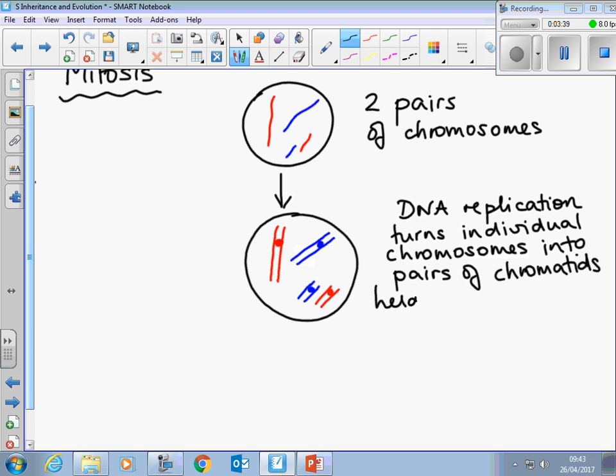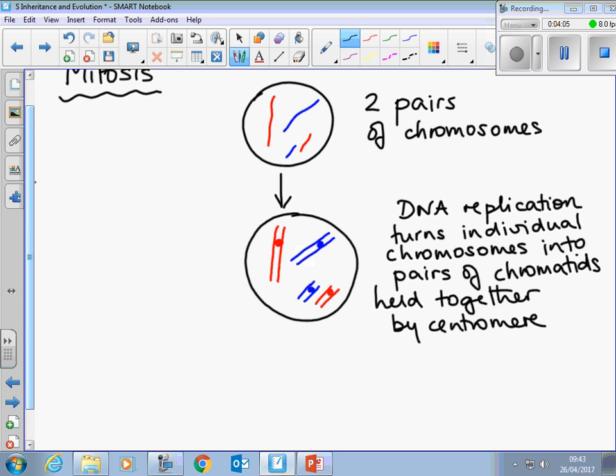held together by the centromere. And the important thing there is that where you've got a pair of chromatids, so you've got the two long red ones, they're going to be identical to each other. This is what DNA replication is about. What we've just done is producing identical copies of the DNA.